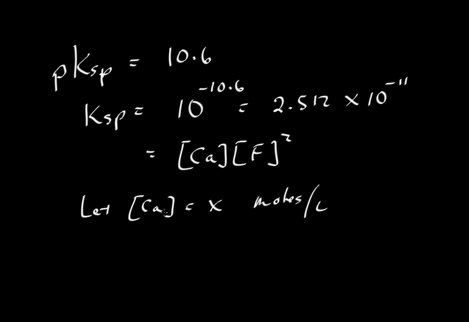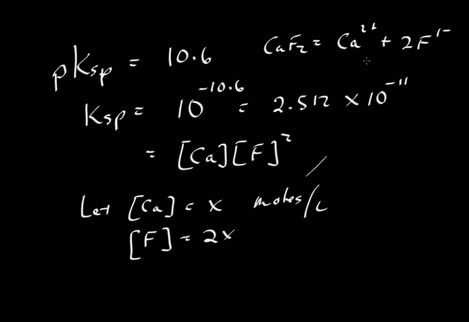If the concentration of calcium is X, then when 1 mole of fluorite dissolves to give calcium ion plus 2 fluoride ions, whatever the concentration of calcium is, the concentration of fluoride must be 2 times that amount. If we have 1 mole of calcium, we must get 2 moles of fluoride. So if the concentration of calcium is X, then the concentration of fluoride must be 2X. And so we can combine these.